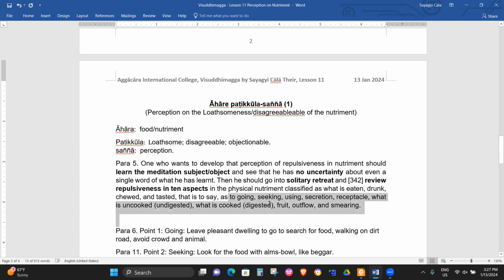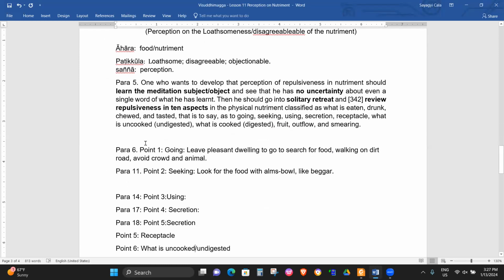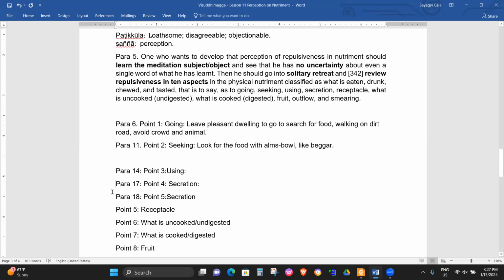That is how we should see: going, seeking, using, then the secretion, and number 5, reception. Then what is uncooked, what is cooked, fruit, outflow, and smearing.